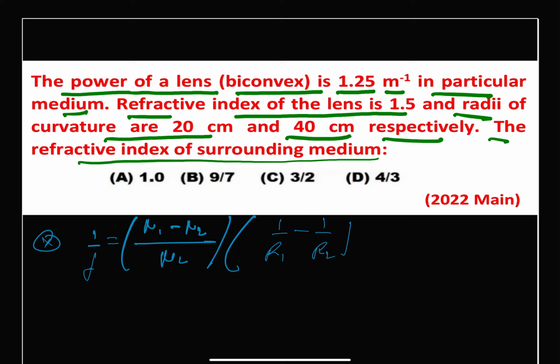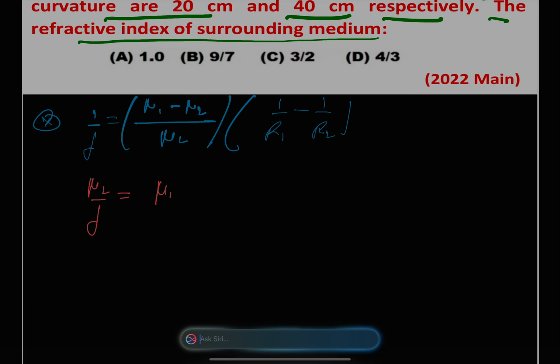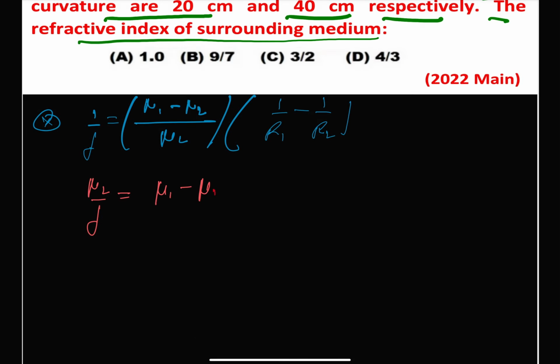But we are given a power, so we can just reformulate this equation. It will be coming as mu2 upon f will be equal to mu1 minus mu2, and here we have 1 upon r1 minus 1 upon r2, and this particular is equal to our power.